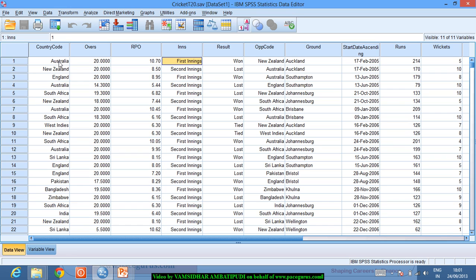So innings-wise, this is the total runs, these are the total wickets that they have lost, and the runs per over for each of those matches, and finally we have the opponent, the ground, and whether the match was won or lost.